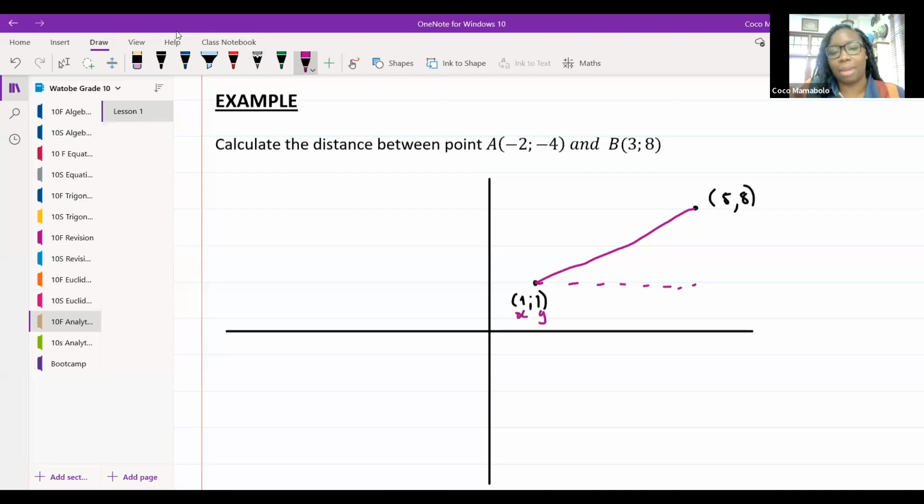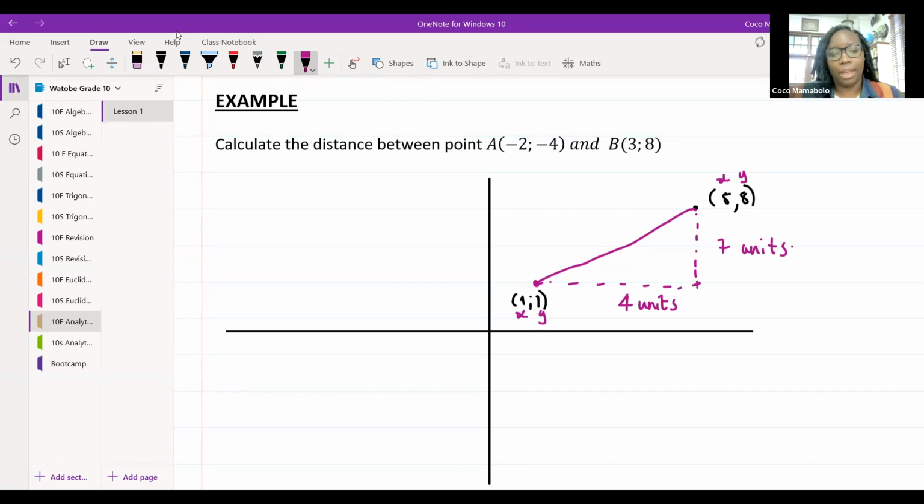This is my x and this is my y. To get from the x coordinate of 1 to the x coordinate of 5, I need to move 4 units in this direction. And to get from the y coordinate of 1 to the y coordinate of 8, I need to move up 7 units.